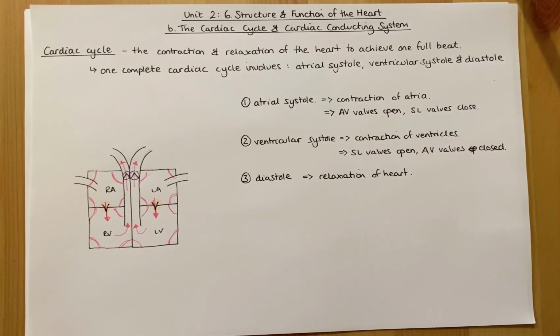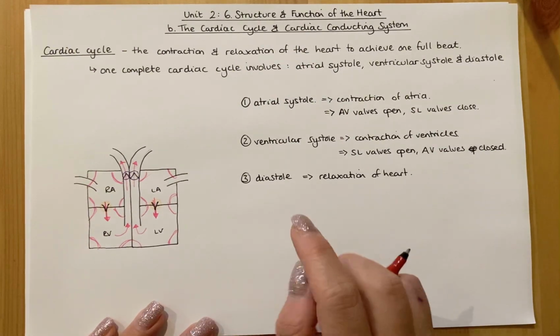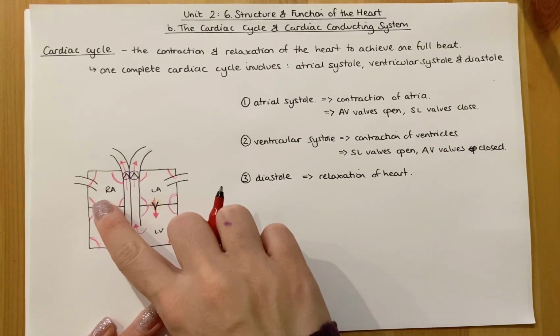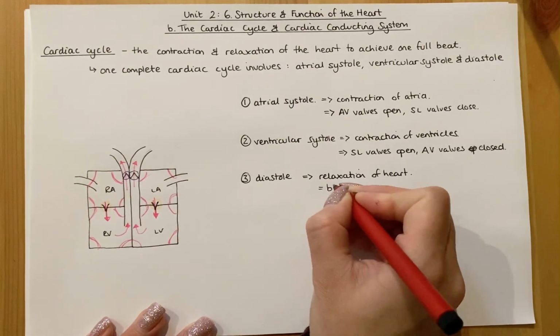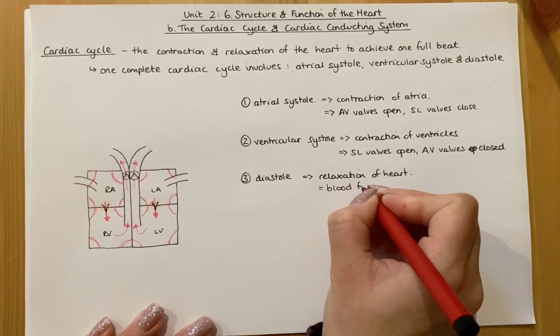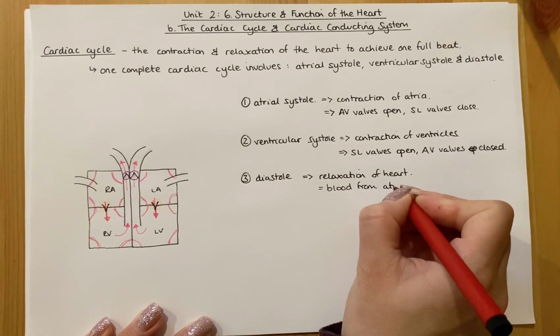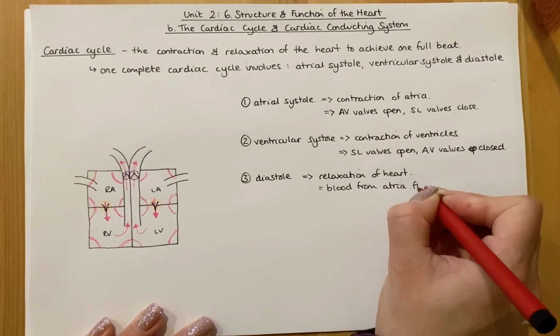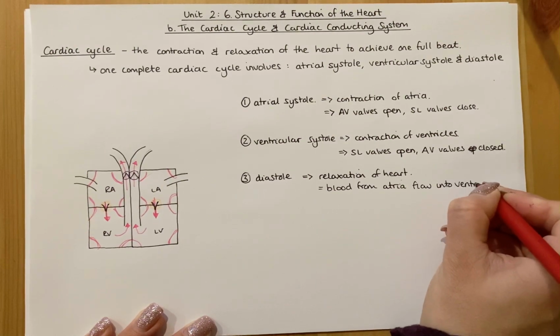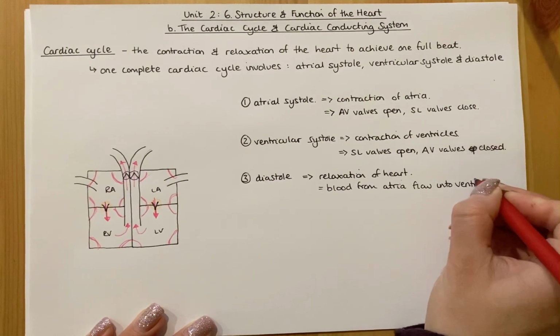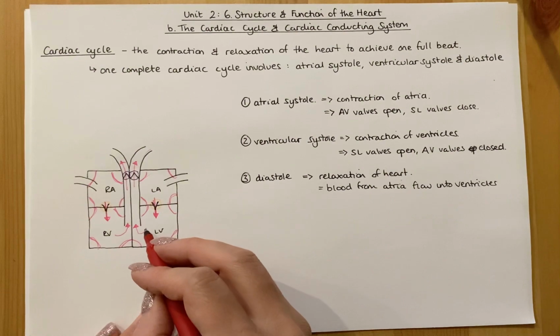What happens in diastole is that the blood from the atria, just due to gravity, will trickle down into the ventricles. It flows down just due to gravity, and it does that through those atrioventricular valves, those AV valves.